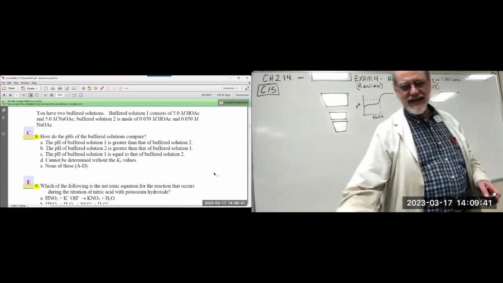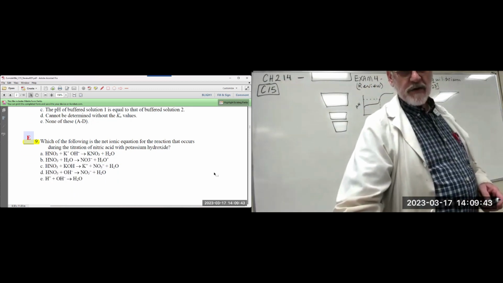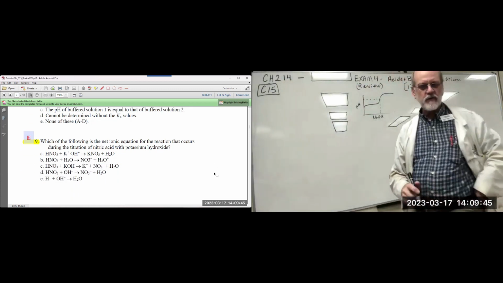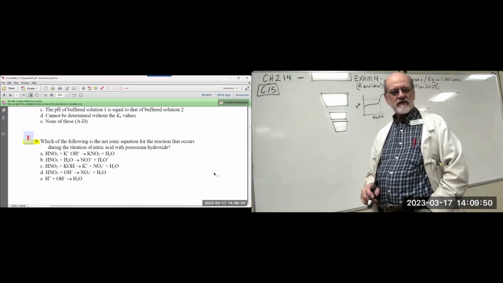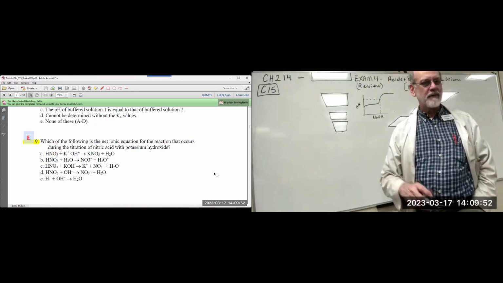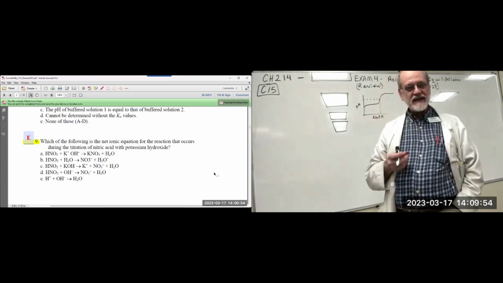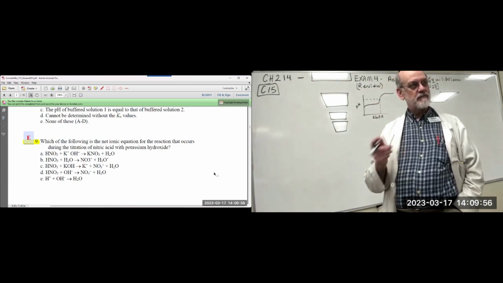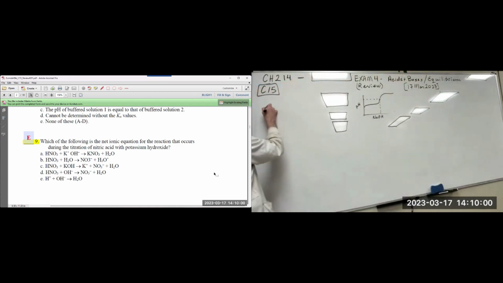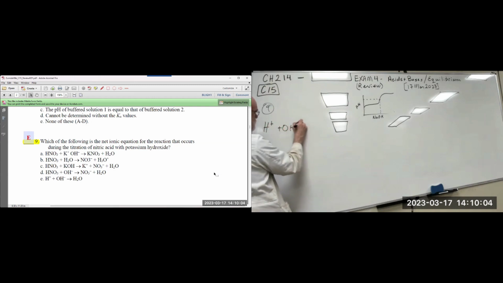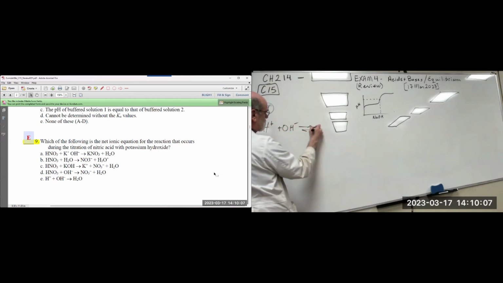How about 9? Which of the following is the net ionic equation for a reaction that occurs during the titration of nitric acid and potassium hydroxide? This is kind of a trick question. The net ionic equation of an acid-base titration is always hydrogen ions plus hydroxyls yield water.